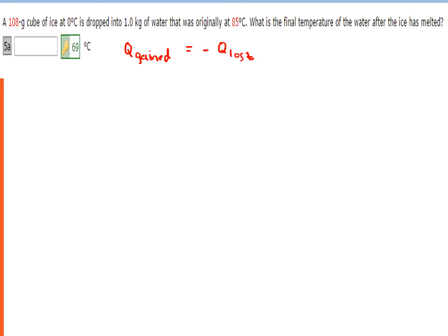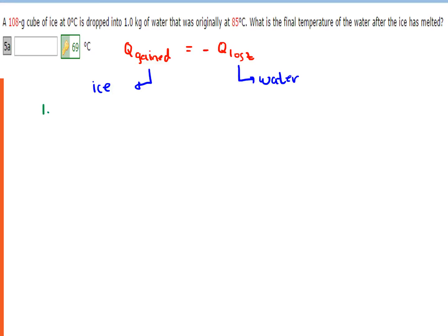In this case, what would lose heat is the water that was originally at 85 degrees Celsius, because it is the substance that is much hotter, and the energy that is being lost by water is the one that is gained by ice. This heat gained by ice would cause the ice to do the following things.